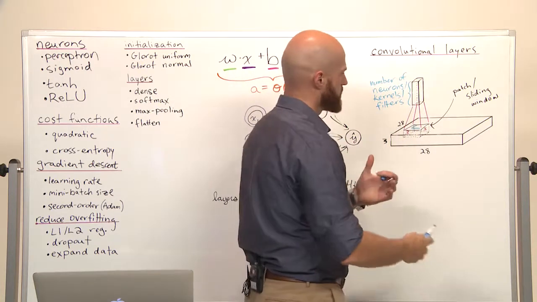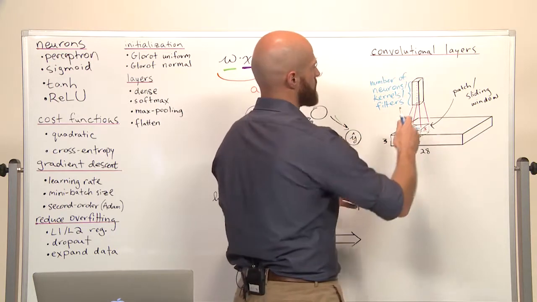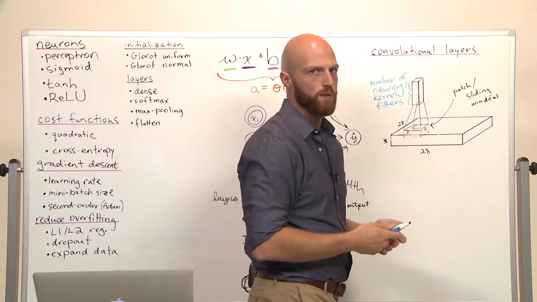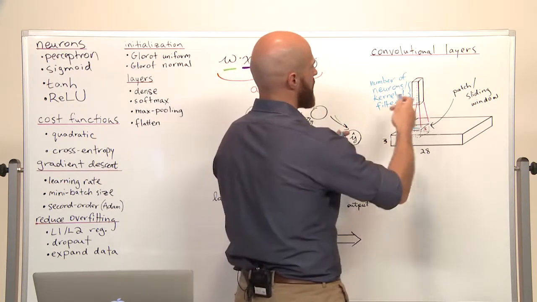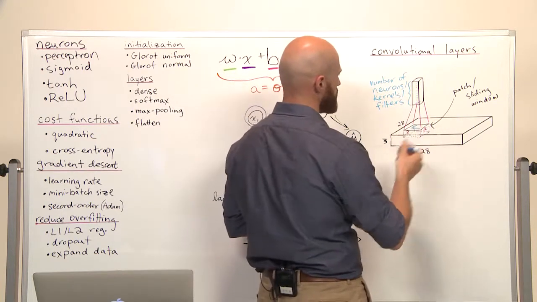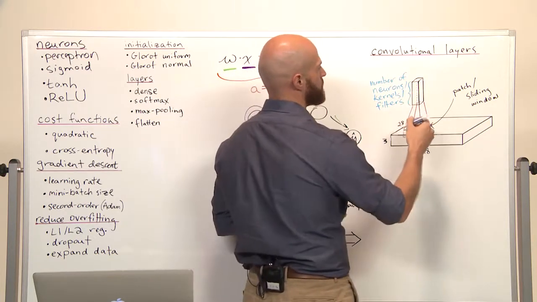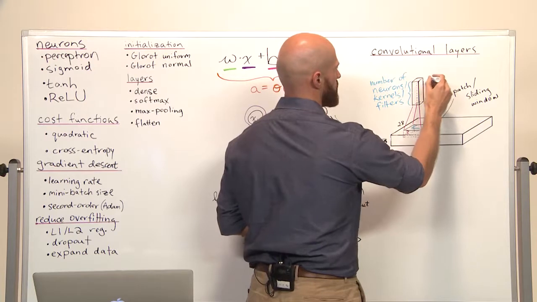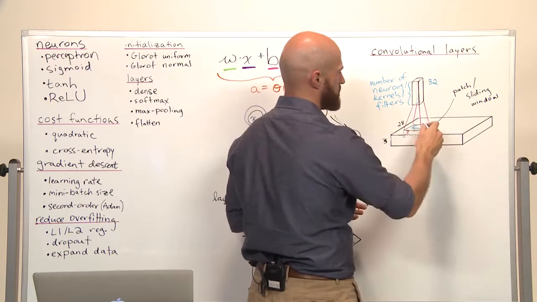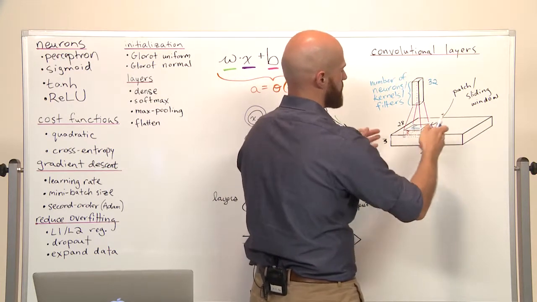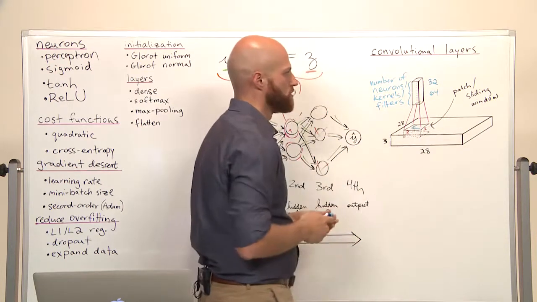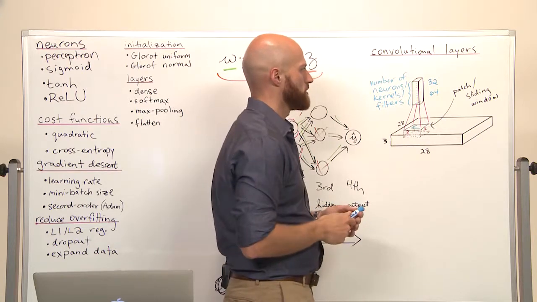Every single one of these location invariant representations is stored within a neuron, and we need to decide ourselves as we create the network how many neurons, or kernels, or filters we want to have. In the first network that we build, one of our first convolutional layers will have 32 neurons. So then we have 32 discrete representations of 3 by 3 things that can happen anywhere on this entire image. And later on we'll have one with 64. Powers of 2 tend to be common in this kind of layer.